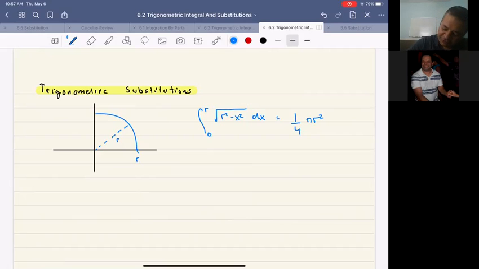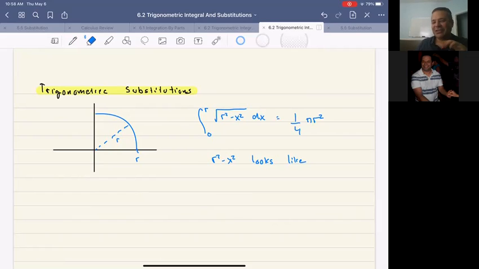So let's start by noting that r squared minus x squared is equal to r squared times 1 minus 1 over r squared x squared. I don't like that.